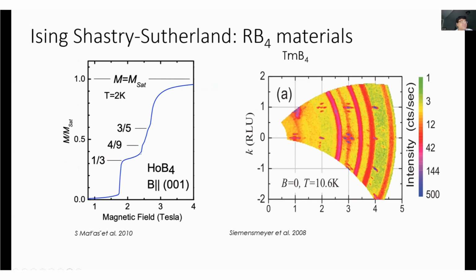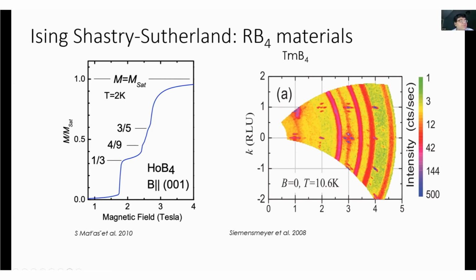And if you sit on one of those plateaus and do neutron scattering, this is basically two reciprocal lattice directions, and this is a neutron scattering plot where dark is higher intensity and light is lower intensity. What you would see is these rings, those rings are powder rings, so ignore them.